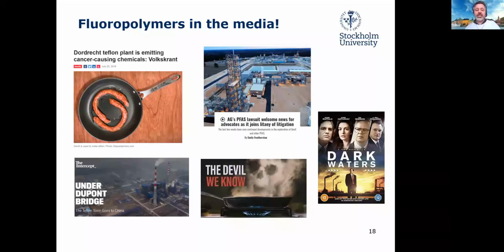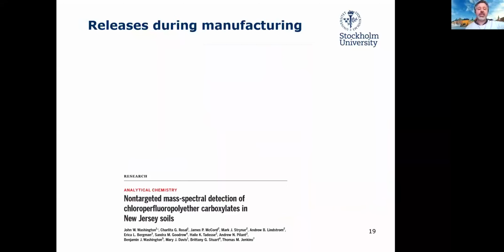Dordrecht in the Netherlands is one of the areas in Europe where they're using the GenX chemicals, and there's exposure all around there. There's also a big problem in North Carolina. In China, there are massive problems with the continuing use of APFO. And the whole problem with fluoropolymer manufacturing has been picked up in movies that have come out as well. So you can watch these movies to find out more information about all of the contamination around some of these fluoropolymer manufacturing sites.